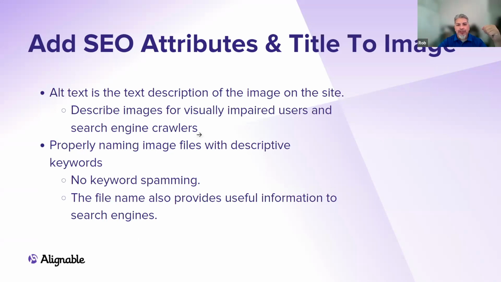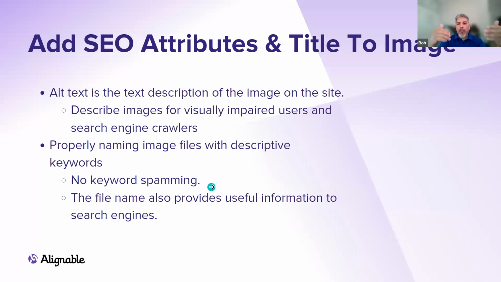And then the description has all the extras. Okay, so we're talking about the alt text because of all the other attributes on the image, the alt text is what the search engines go to get their information. And then also properly naming image files with descriptive keywords.